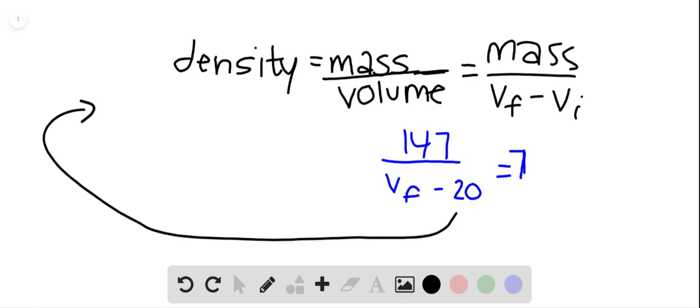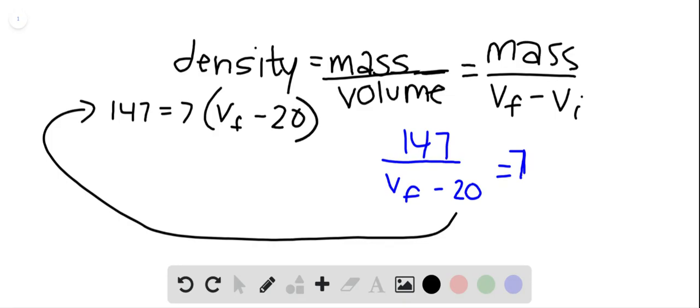Okay, so now, how can we get the VF minus 20 onto the other side? Well, now we need to multiply both sides by VF minus 20. So we are left with 147 is equal to 7 times VF minus 20.